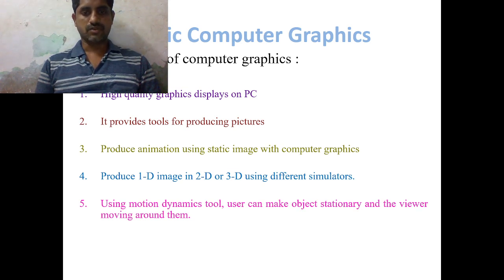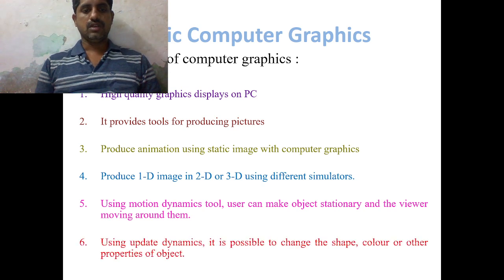Using motion dynamic tools, the user can make objects stationary and the viewer moving around the object.